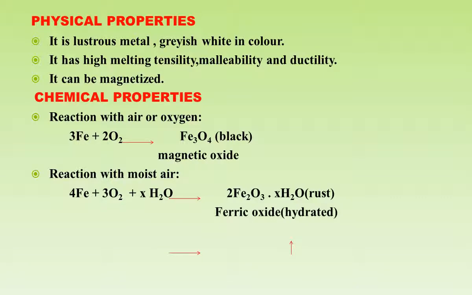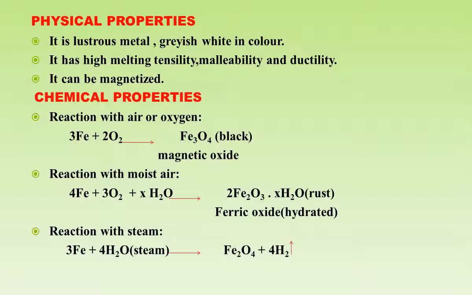And the third chemical property is reaction with steam. The reaction with steam means steam is passed over red hot iron. If you pass steam over red hot iron, magnetic oxide is formed.